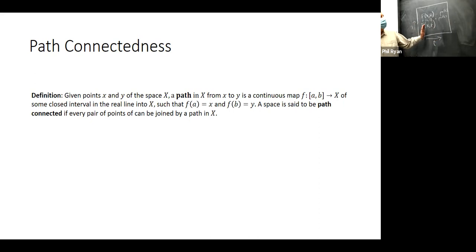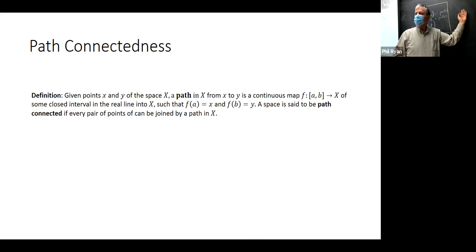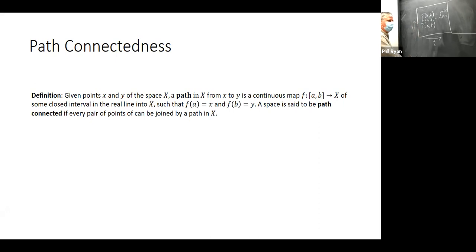And transitivity just means we glue one of these squares over here. And so that means we've got a map going from 0 to 2, so we just go twice as fast. And that gives us an equivalence of paths.